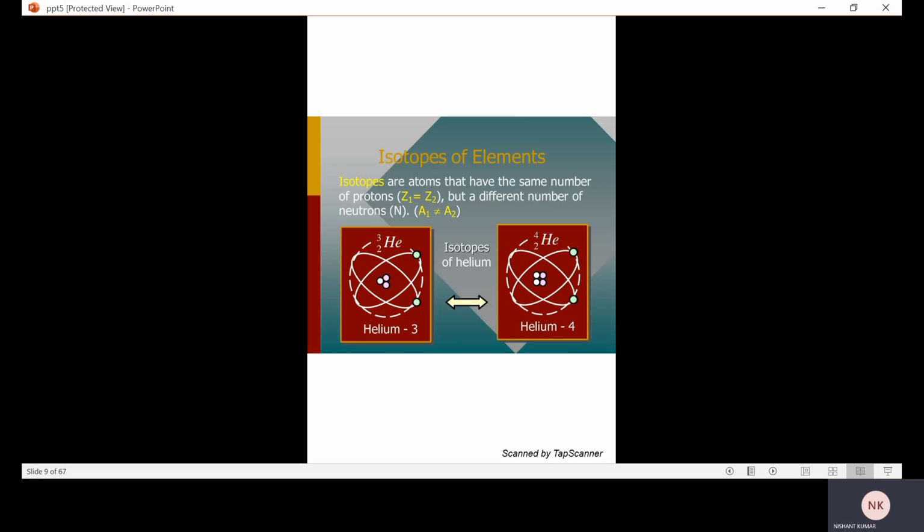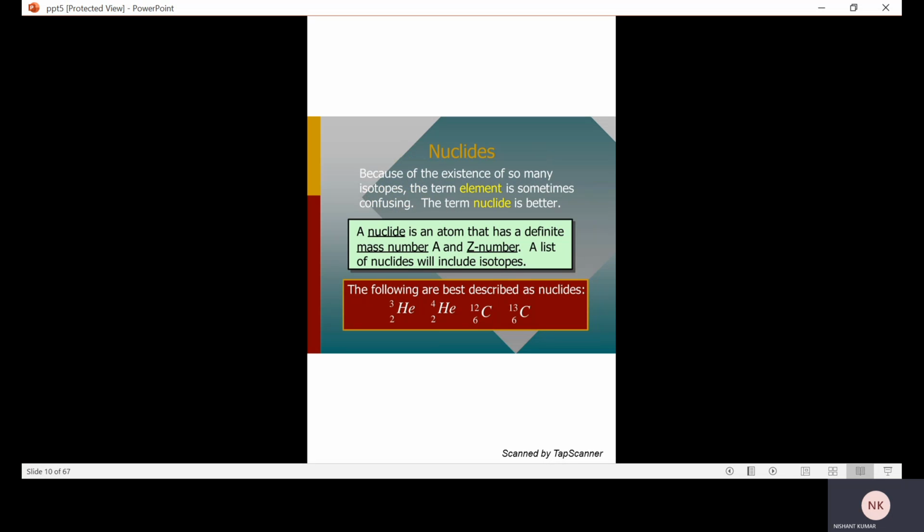Isotopes. Isotopes are atoms that have the same number of protons but a different number of neutrons. Nuclides. Because of the existence of so many isotopes, the term element is sometimes confusing. The term nuclide is better. A nuclide is an atom that has a definite mass number A and atomic number Z. A list of nuclides will include isotopes.